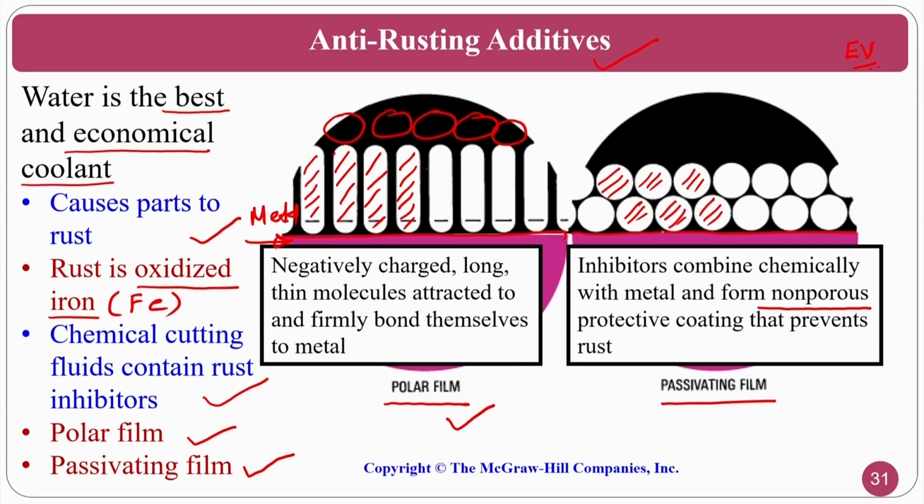Whenever it forms, what will happen? If the water tries to come in contact with the workpiece, it cannot, because this passivating film will obstruct. So the rusting cannot take place. If rusting has to take place, there is no option apart from removing the polar film or the passivating film formed on it.